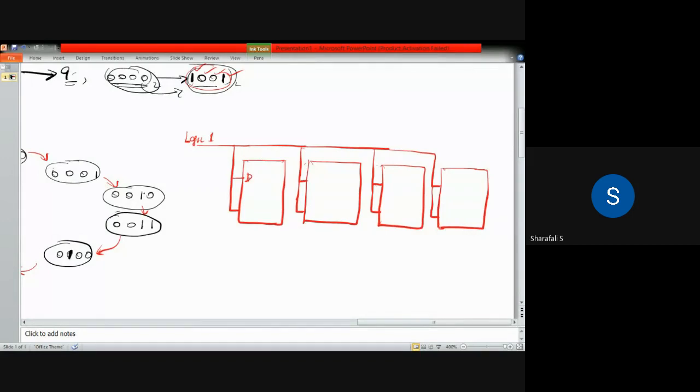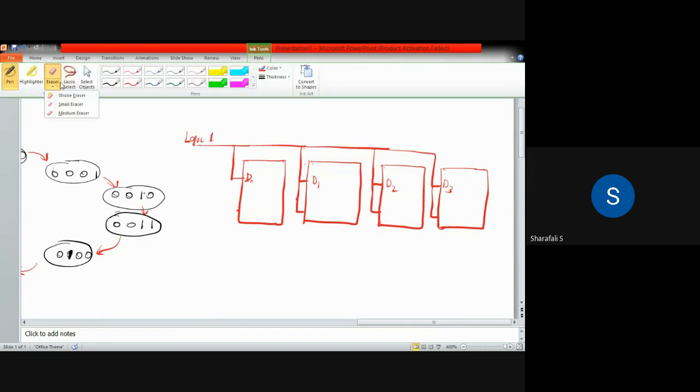So we can consider D0, D1, D2, D3. In this case we need only one, right? Because it is going directly to J and K inside this D flip flop. So we have to consider only this one. I have to erase this.